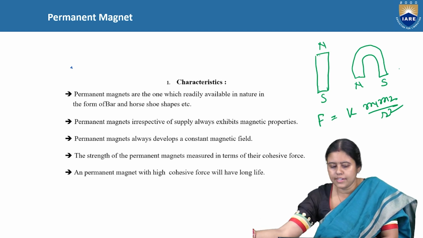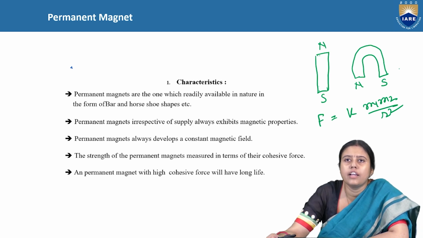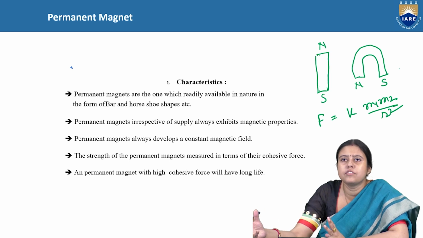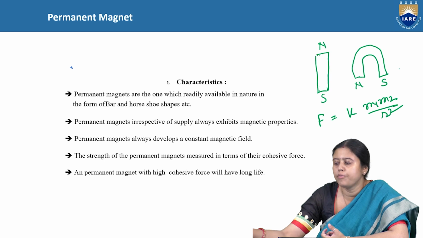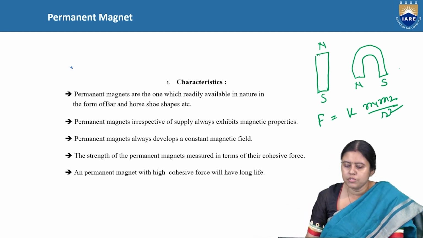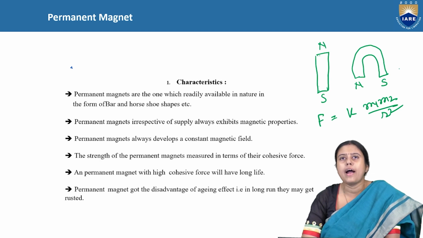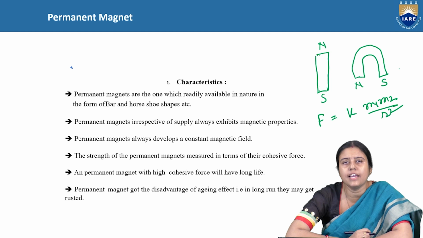Next, a permanent magnet with a high cohesive force has a long life. If the magnet has more cohesive force, its life is long. Life is long means we can use it for a long time. Permanent magnets have the disadvantage of the aging effect.